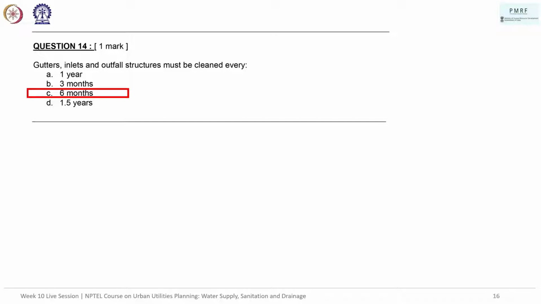Something as simple as blockage in the gutters or the inlet can disrupt your entire system, right? And all it needs is a bit of inspection. So the marginal advantage of maintaining these structures is very, very high, right?